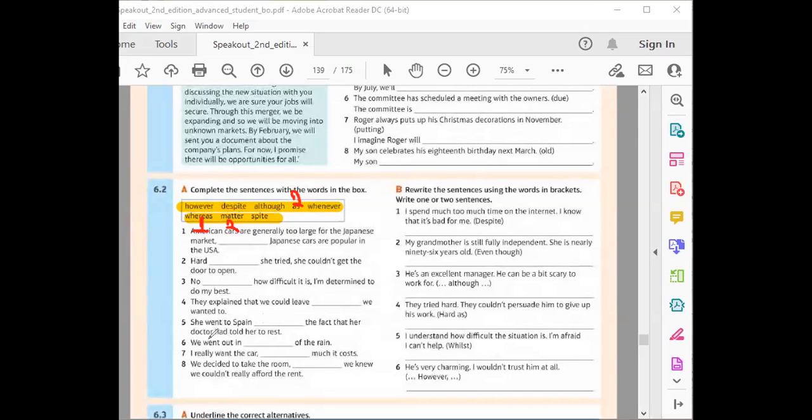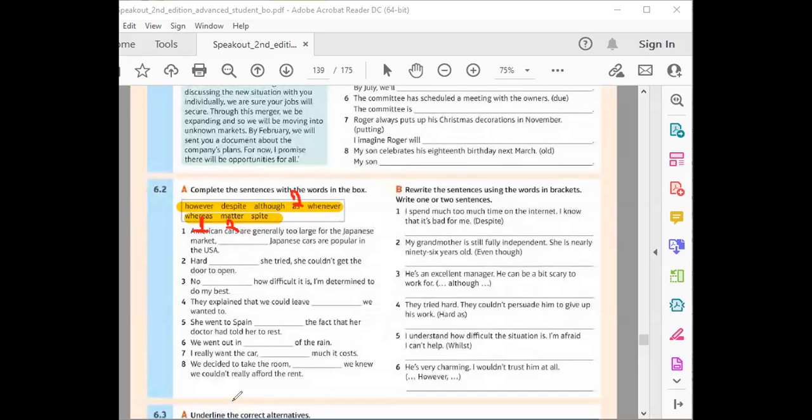All right, Ikram, you can take 4 and 5. They explained that we could leave although we wanted to. Is that right? They explained that we could leave, I think here you would need "whenever" we wanted to go. Which one did you use?